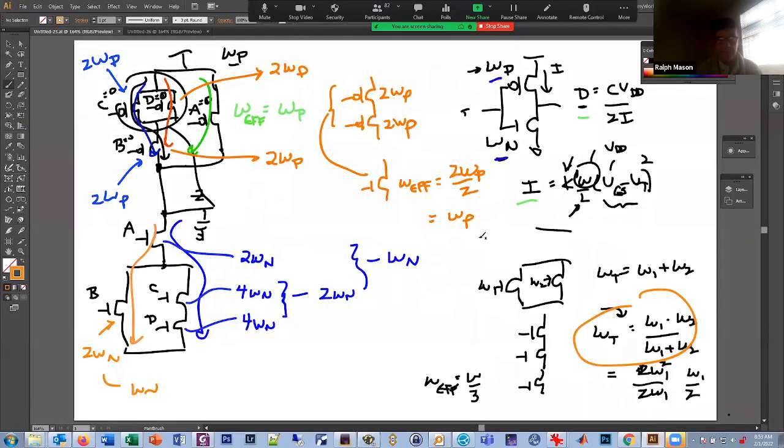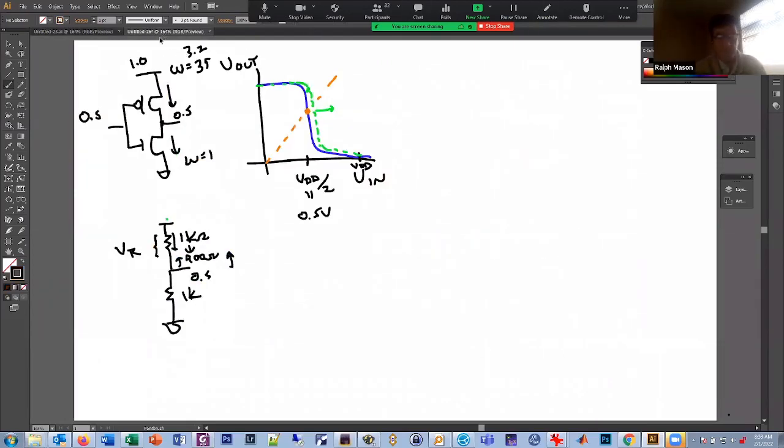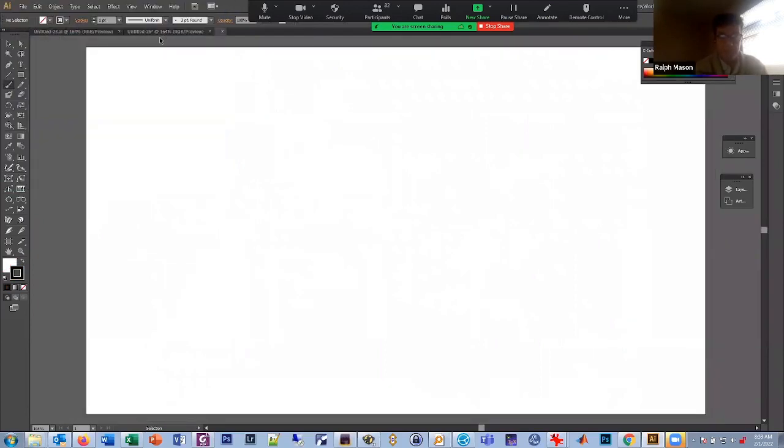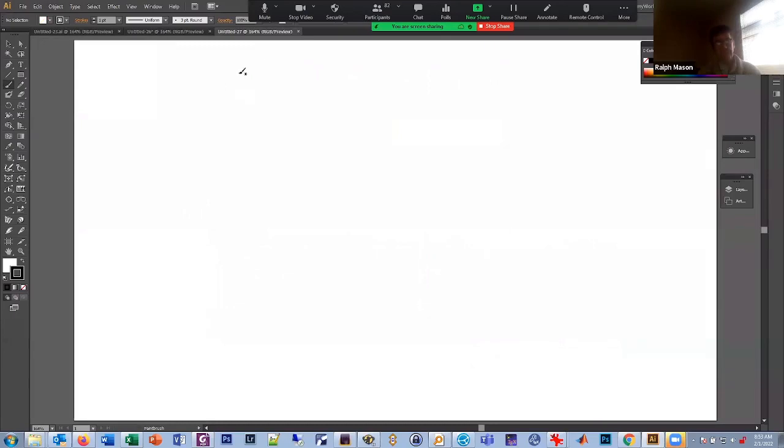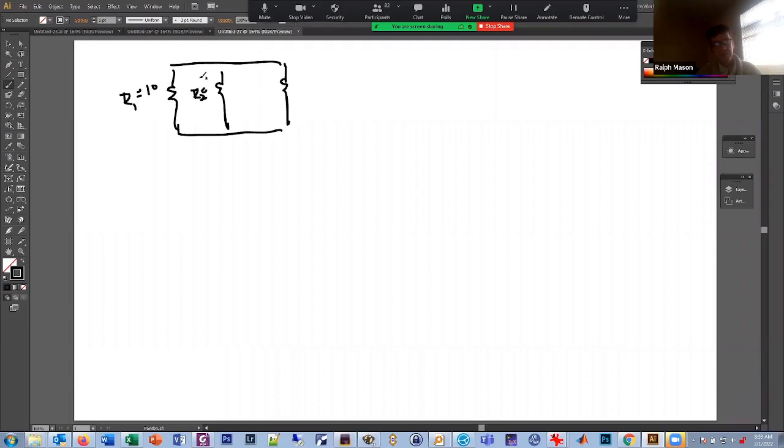If I give you three resistors in parallel, R1 equals 10 ohms, R2 equals 20 ohms, and R3 equals 30 ohms, you know 1 over R total equals 1 over R1 plus 1 over R2 plus 1 over R3.